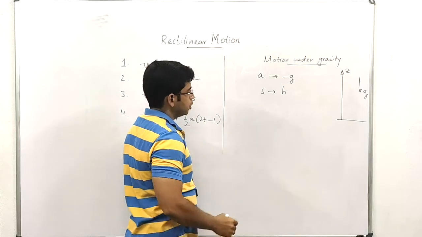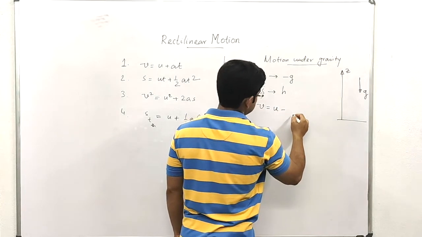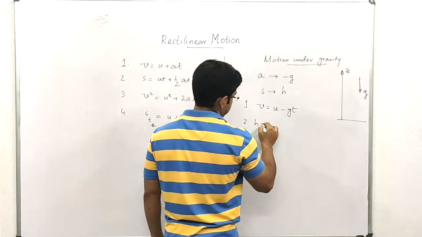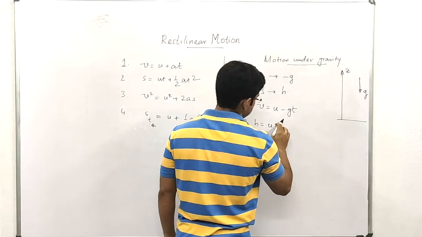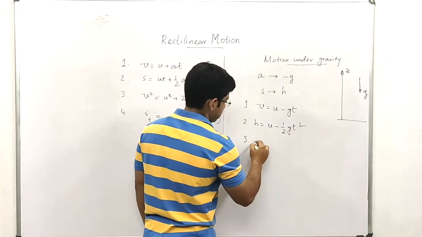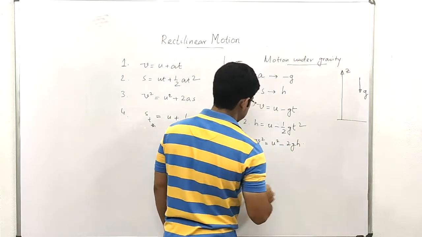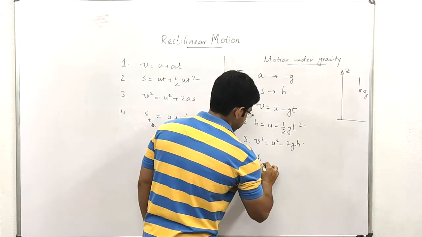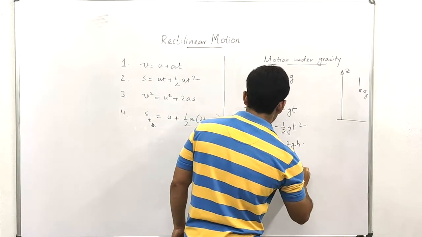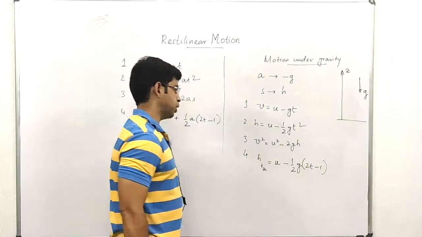So all these four equations will be rewritten as v equals u minus gt, h equals ut minus half gt square, v square equals u square minus 2gh, and the h in the tth second is u minus half g (2t minus 1).